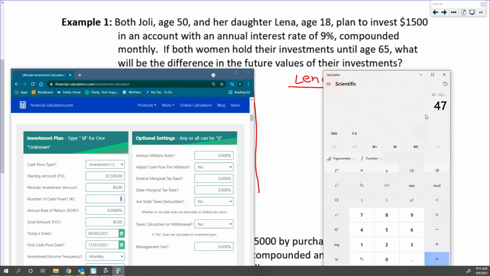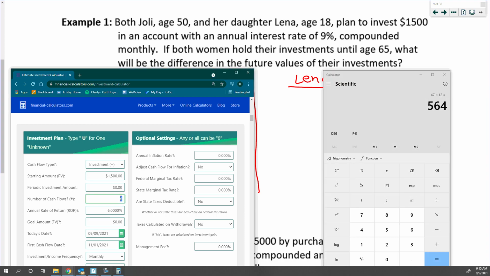And in that 47 years, each year is compounded 12 times because we're doing monthly. So this number of cash flows is each time the calculation is done. Again, we're doing monthly, so 12 times in 1 year, and that's going for 47 years. So I'm going to do 47 times 12. So the calculation is done 564 different times.